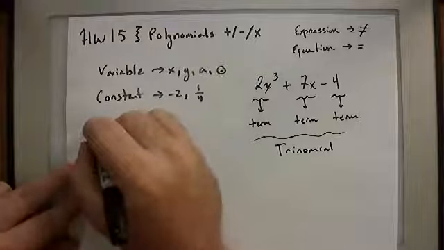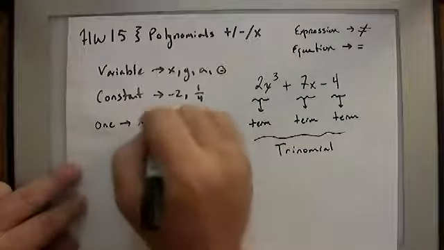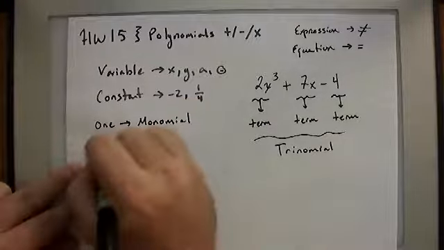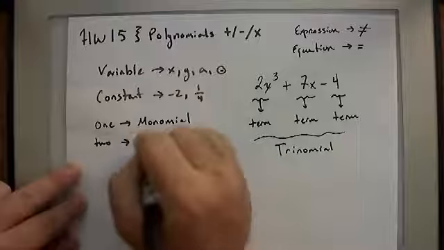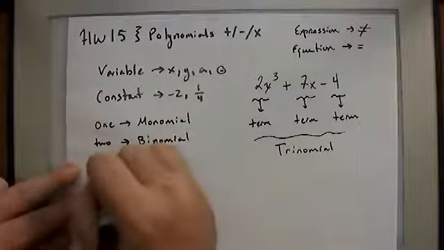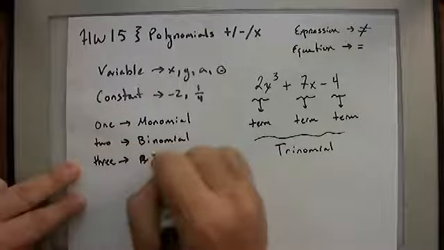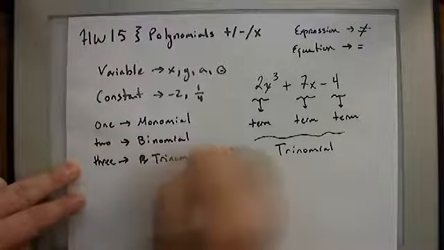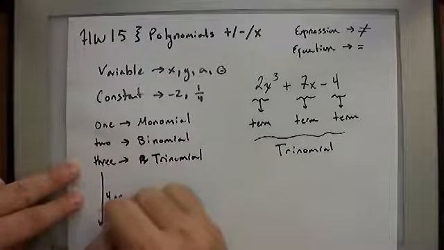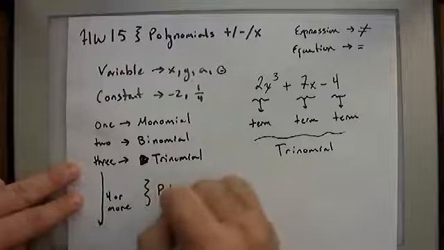If it is 1 term, we would call that a monomial, right? If it was 2 terms, we'd call it a binomial. We just saw that if it's 3 terms, we'll call it a trinomial. And if it's any more than 3, meaning 4 or more, we would call that a polynomial, okay?